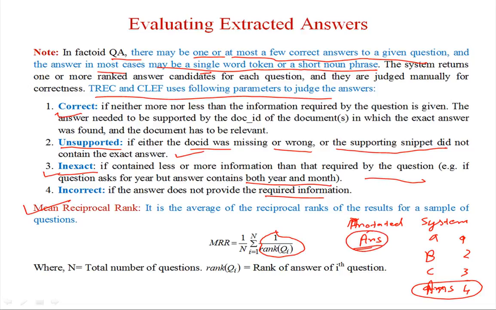This answer is present at the fourth position, so this will be equivalent to 1/4. So for a given set of questions, it calculates the mean of all such reciprocal ranks and finally gives the quality of your question answering system.